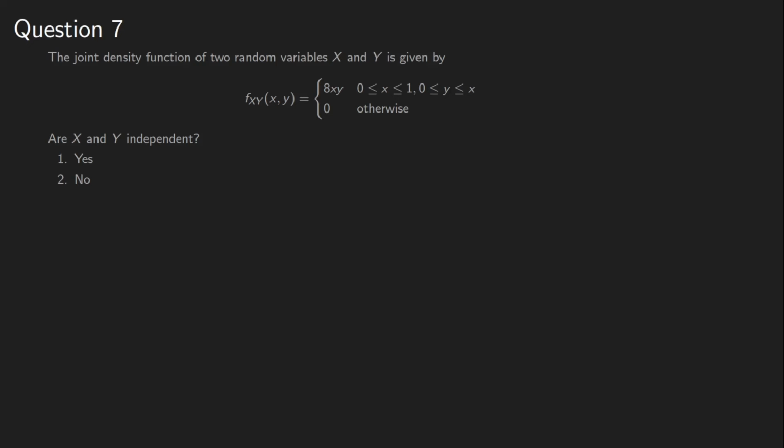So what we can do is find the marginal PDFs of x and y separately and check whether the multiplication of the marginal PDFs is equal to the joint PDF. The joint f of x y at x y we have been given, and we will calculate f x at x, the marginal of x, and the marginal of y.